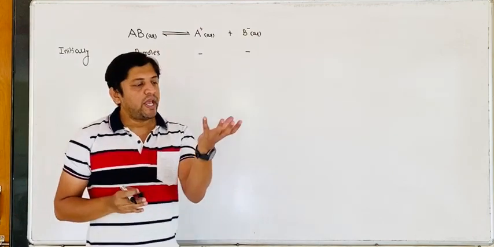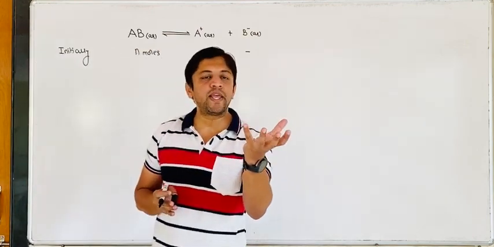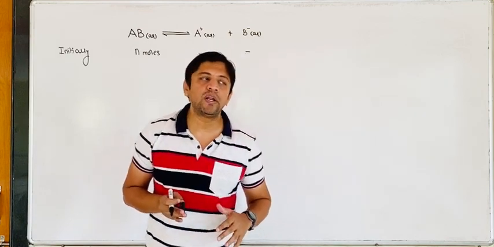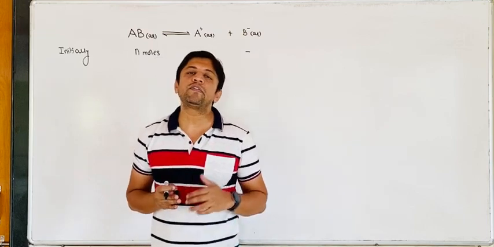We have taken n moles of the weak electrolyte AB. When that weak electrolyte AB is added into water, it will start dissociating into its own ions.